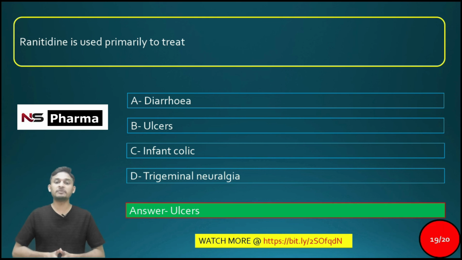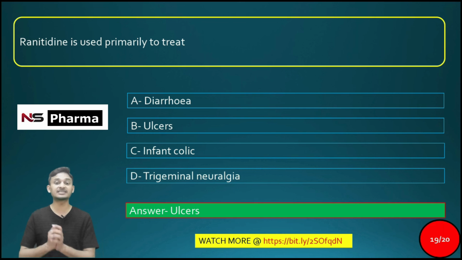So first one, gastric acid secretion inhibitors. Ranitidine, cimetidine, famotidine, roxatidine, all are coming under one group inside this, that is H2 antihistamines. This H2 antihistamines works on the principle of gastric acid secretion inhibition, and another type inside gastric acid secretion inhibitors is PPI, that is proton pump inhibitors.